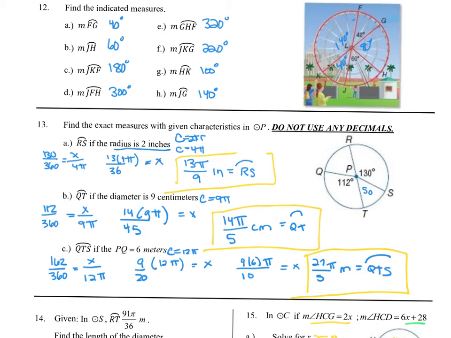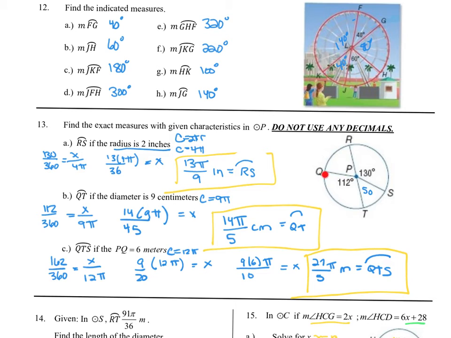All right, the last one that used this particular figure is that we are looking to find QTS. If I add 50 and 112 together, that is going to give me the 162 over 360 equals, I'm looking for the length, that's my x. If I was told that PQ is just from here to here, that's the radius.